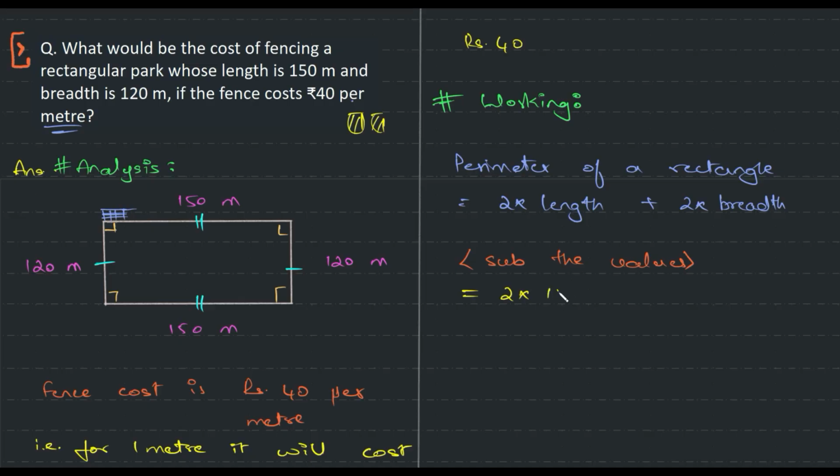Length is how much, guys? 150, plus 2 times the breadth. So basically the sum of all of this. So this is 300 plus this is 240. This is 540 meters. Okay, so 2 of 150: 15 plus 15 is 30, 12 plus 12 is 24, and so we're just putting an extra 0. So we found the perimeter, right?